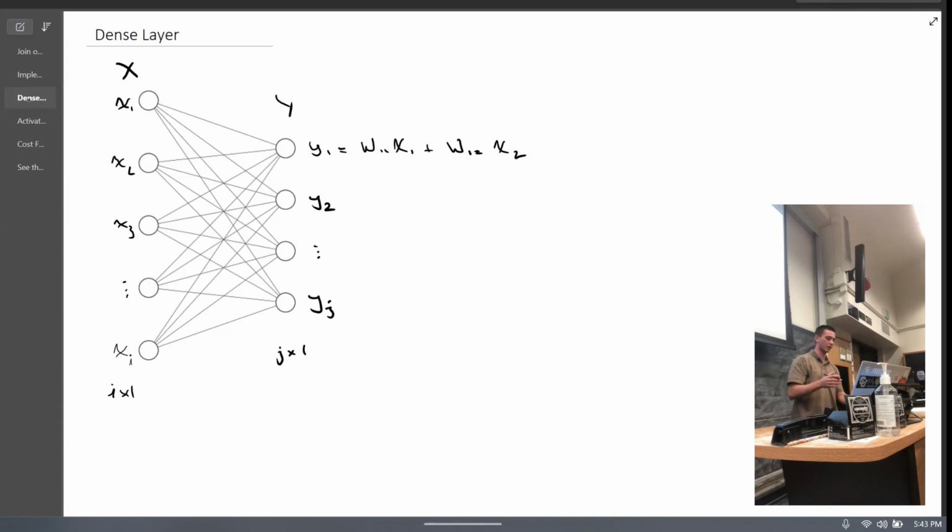We can represent the weight corresponding to the jth output and the ith input as wji. I'll just finish writing out this equation. Then we also include a bias term, which allows us to shift our function to the left or right.